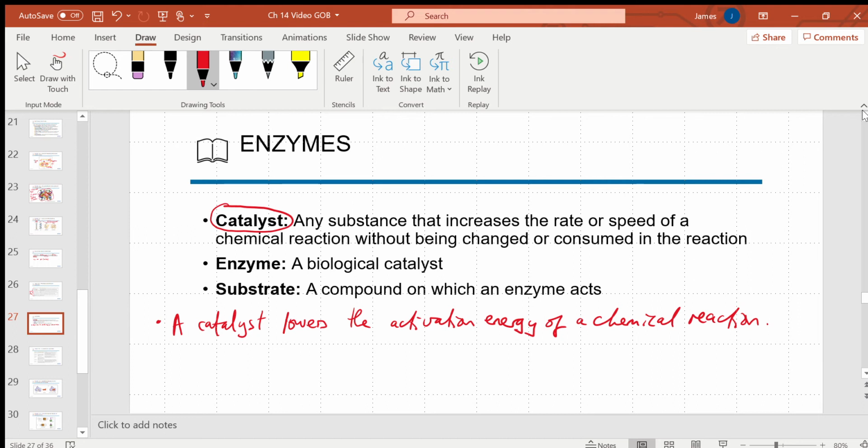So that's what a catalyst does. As a consequence, the reaction may proceed quicker.